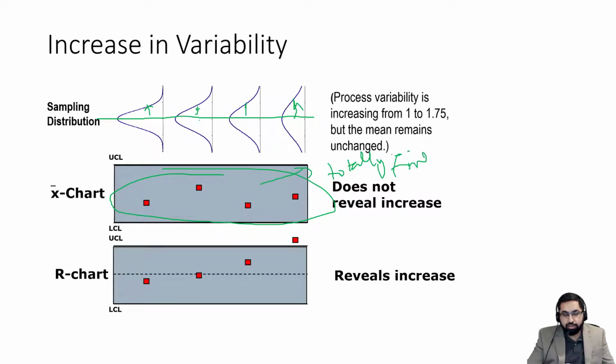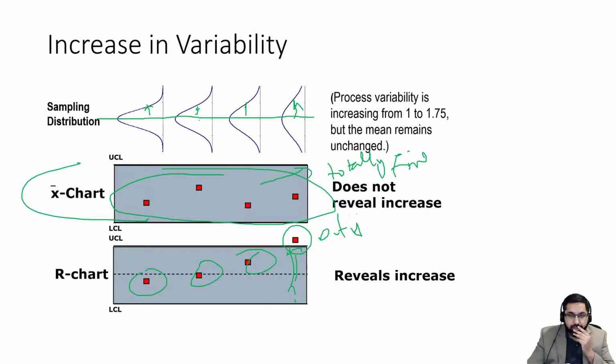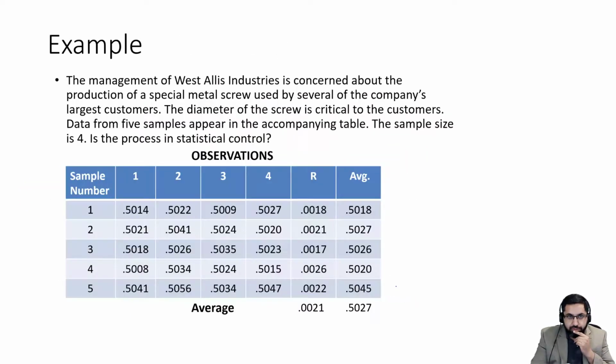The R chart, however, tracks the variability in the process, and as the variability is going up, the R chart shows that you go out of control at this time. So the X bar chart does not reveal an increase, the R chart reveals the increase.